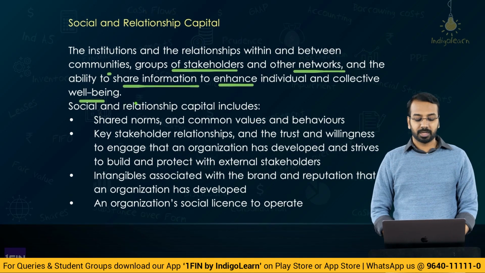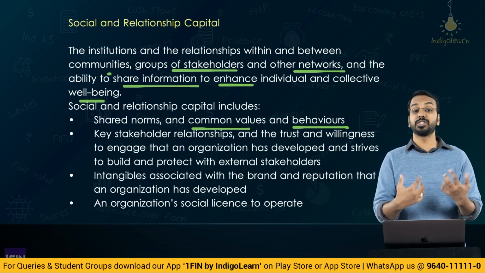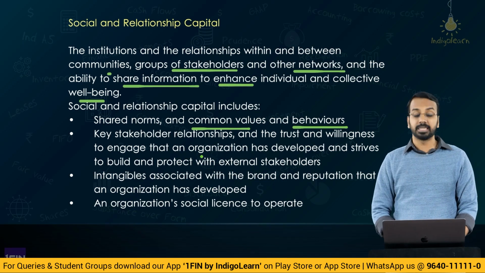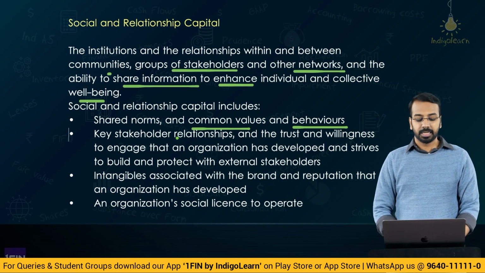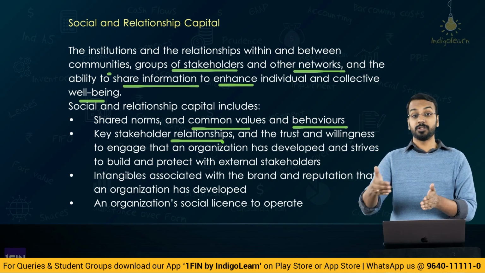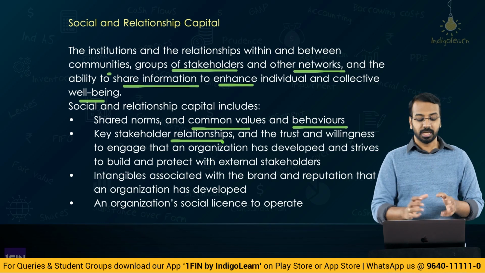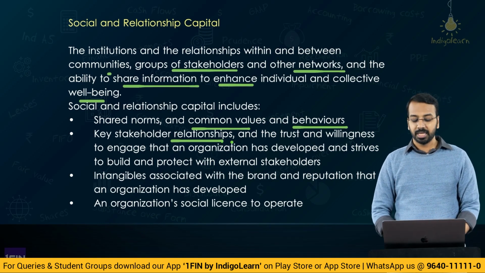Social and relationship capital includes shared norms and common values and behaviors. So basically what are the norms? Norms are basically the ways to do things, the principles to do things. How are they shared? Then it includes key stakeholder relationship. What are our key stakeholder relationship? Maybe the investors, maybe the bankers, government, society, suppliers, customers. What are the key stakeholder relationship? And the trust and willingness to engage.